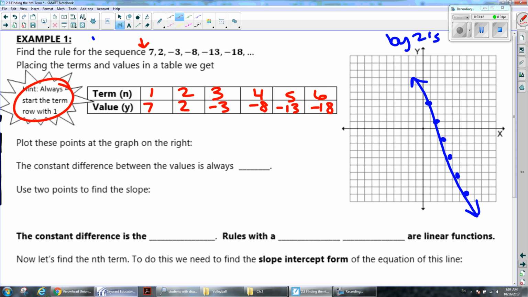Okay, so if I counted by 2's, that's what the graph would look like if I plotted these points. Now, if we look at the constant difference here, to go from 7 to 2, we have to subtract 5. Okay, we are subtracting 5 this whole time.